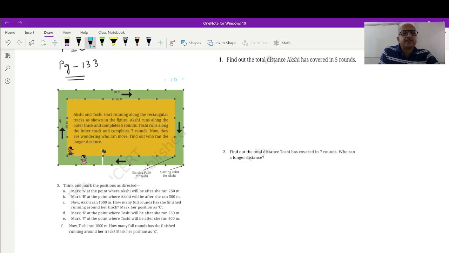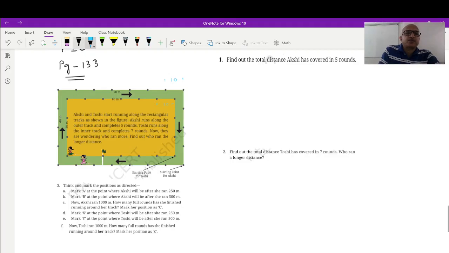Same way, the inner side length is 60 and how many parts are there? 1, 2, 3, 4, 5, 6. That means the distance between two dots is again 10. Right? So that way it will be easy to calculate based on the given question. That means between any two dots, whether inner or outer, the measurement is 10 meter.